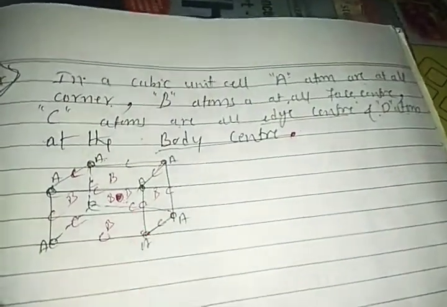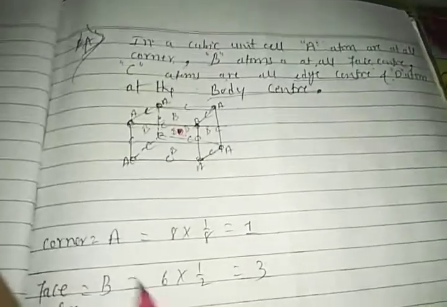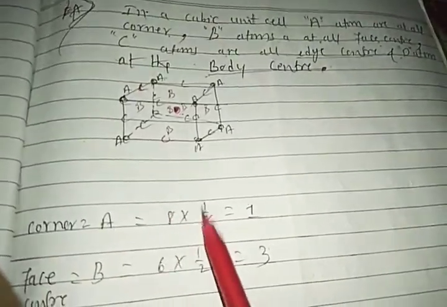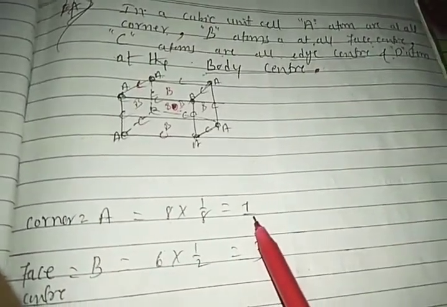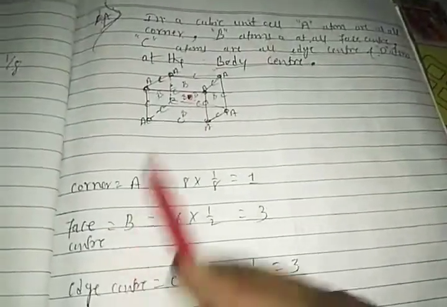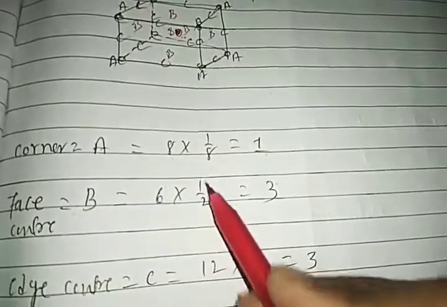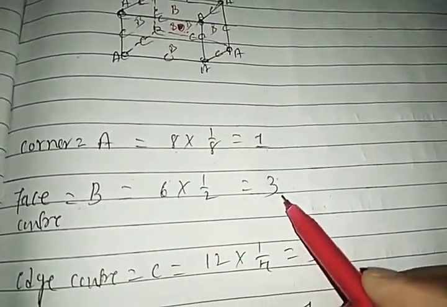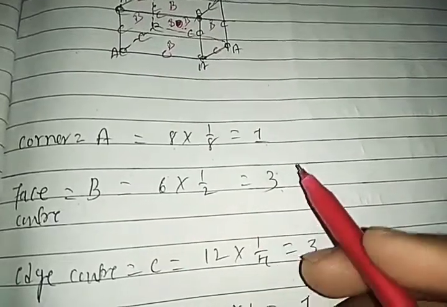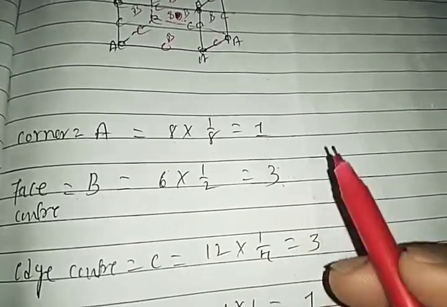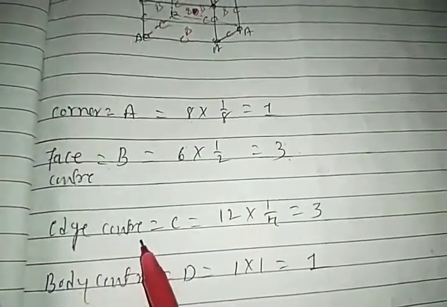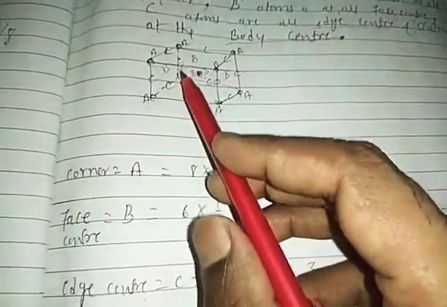Right friends? Okay, let's check what is the formula of the compound here. Corner A, 8 into 1 by 8, is 1. Face center is B: 6 into 1 by 2 is equal to 3. Edge center: how many edges are there here?